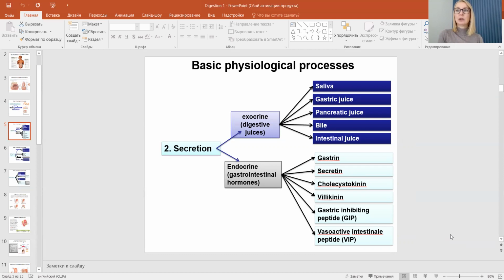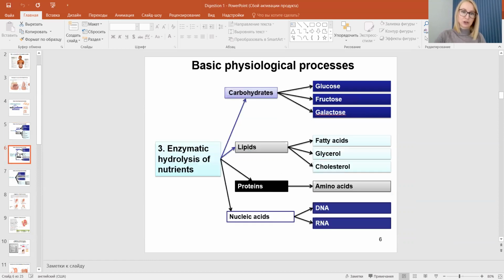Furthermore, endocrine cells located in the digestive tract wall secrete gastrointestinal hormones into the blood that help control digestive motility and exocrine gland secretion. Next one is digestion. Humans consume 3 different biochemical categories of energy-rich foodstuff, which are carbohydrates, proteins, and fats.